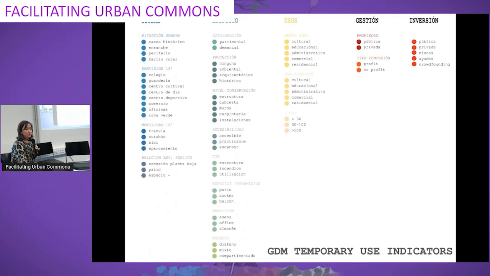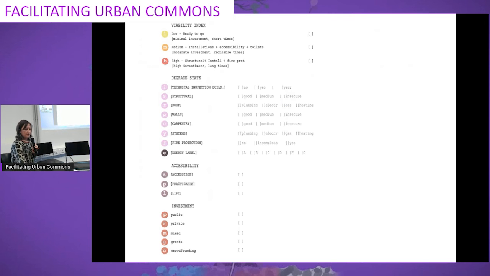And by now what we are doing is defining what we call the temporary use indicators by analyzing these 3 best practices that we have interviewed, and trying to define also a viability index, which is a very technical process, but really necessary from our point of view to empower associations which don't have knowledge about all these urban processes.